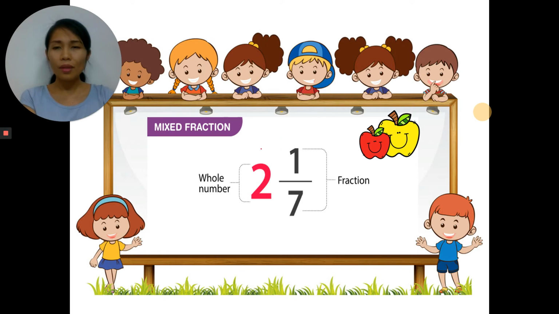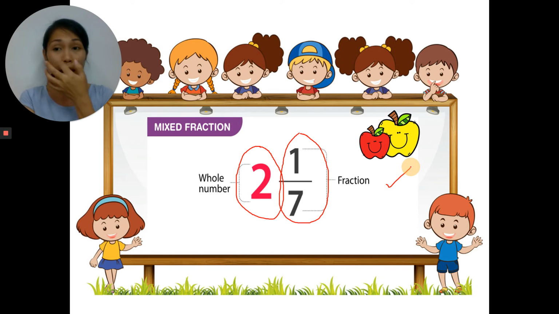Okay. So a mixed fraction has a whole number and a fraction. That is why it's called mixed, because it's not only a fraction, but there is also a whole number. So your final answer should look like this.